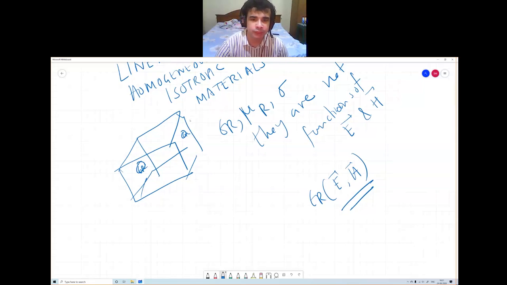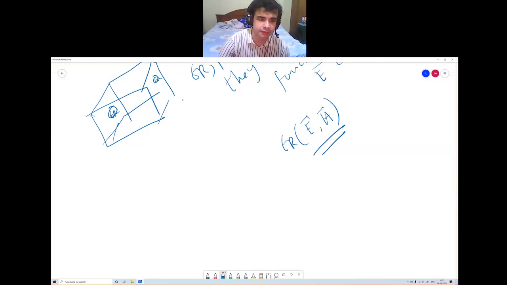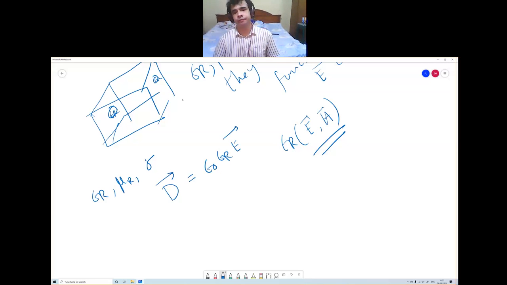What is isotropic? Isotropic means that these things are not functions of the direction of the field. What I mean is, we can simply write D equal to epsilon E. No problem.